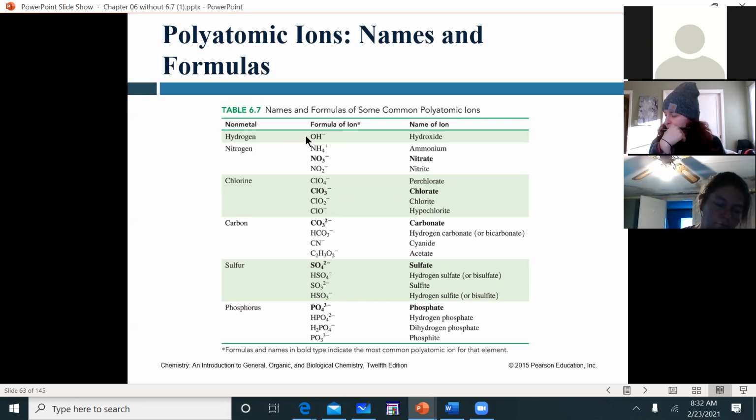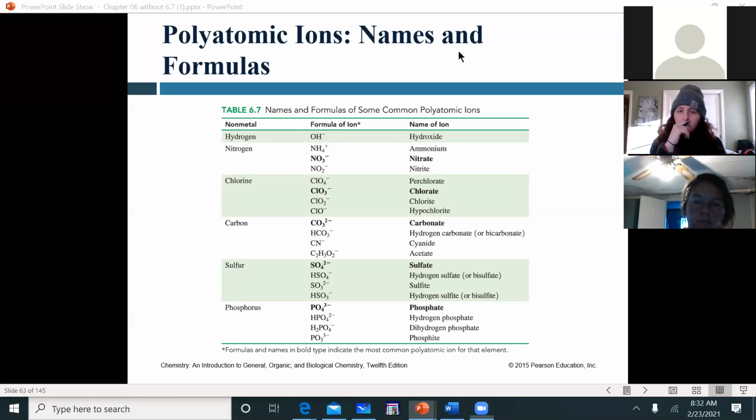Hydrogen, a very common polyatomic ion, OH-. This is known as hydroxide. That's the reason that a base is a base, the opposite of an acid. Things with nitrogen in them, we've got ammonium, nitrate, nitrite; chlorine, we've got chlorate, chloride.